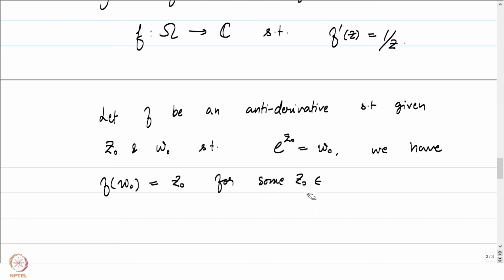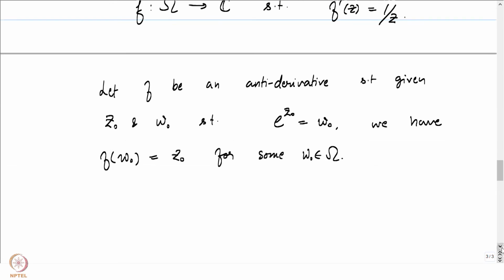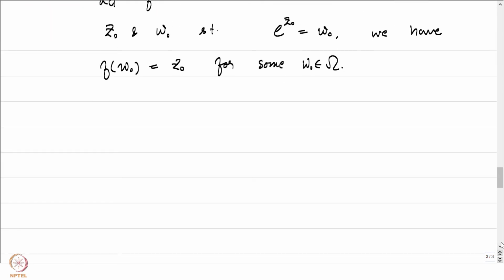So, let us normalize it by addition by the relevant constant. We can arrange for our f to satisfy this particular condition.